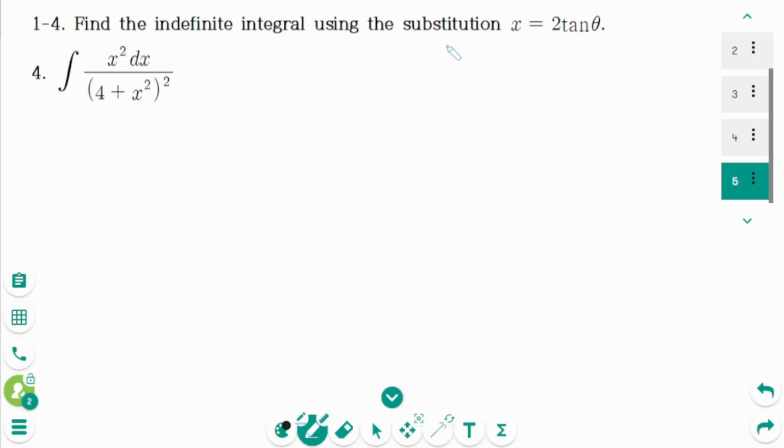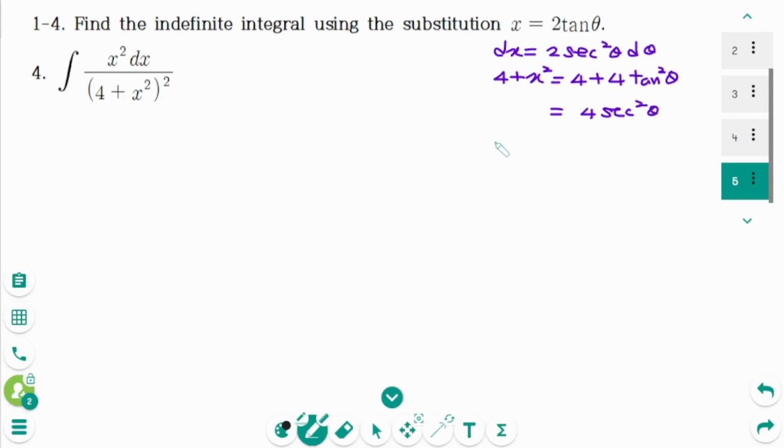This is the last one. x equals 2 tangent theta, then dx equals 2 secant squared theta d theta, and then 4 plus x squared equals 4 plus 4 tangent squared theta, which equals 4 secant squared theta, and 4 plus x squared, then squared, equals 16 secant to the power of 4 theta.